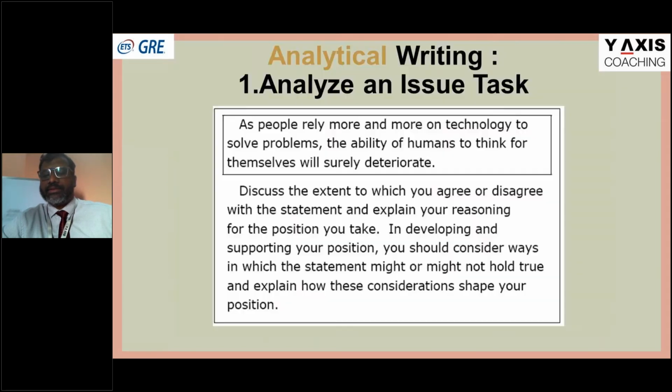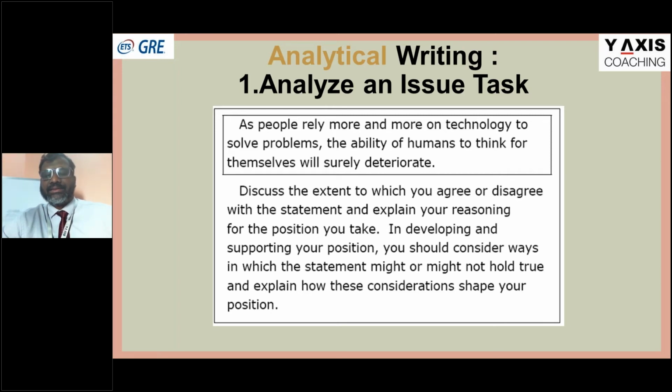To begin with, the very first question you get in the analytical writing is called analysis of an issue. You have a topic given, and it is not only about your opinion. GRE first expects that you discuss the complex ideas, which is the variety of ideas and possibilities on the given topic.